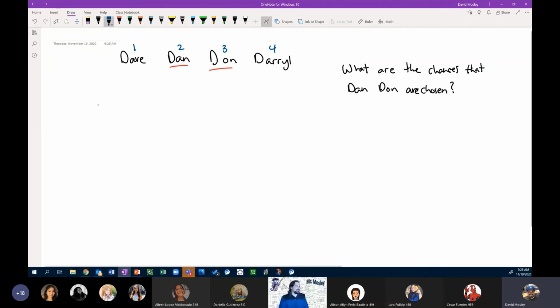We can have 1 and 2, 1 and 3, 1 and 4, 2 and 3, 2 and 4, or 3 and 4. I'm not double counting; the order doesn't matter. Selecting 2 and 3 is the same as choosing 3 and 2, so I don't get extra options by changing the order. So these are all the possibilities: 6 possibilities.